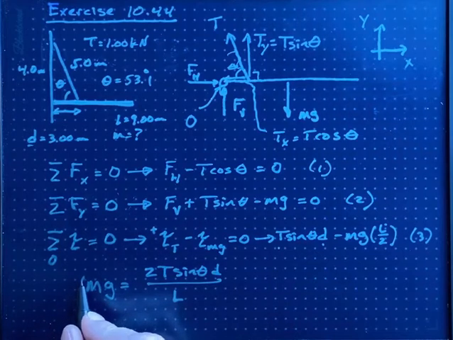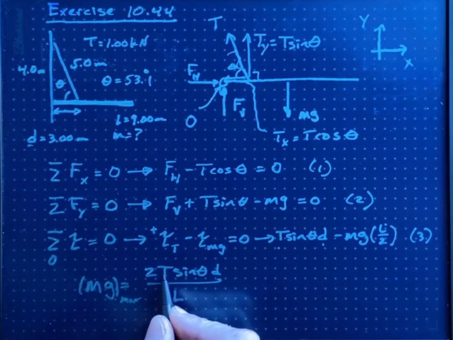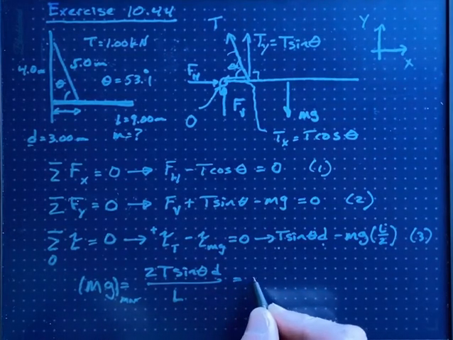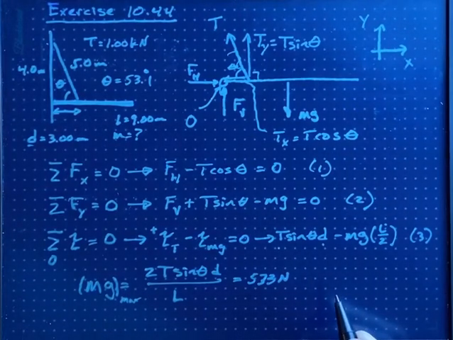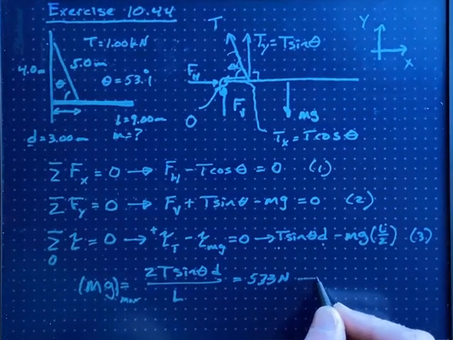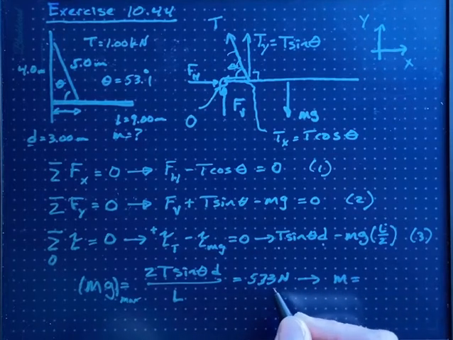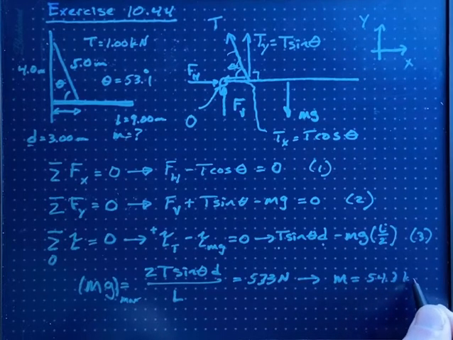But we're going to find out what's the maximum weight of the beam given the 1,000 newton max tension that you can get. So if you plug in the numbers here, I already worked through it, I get 533 newtons for the maximum weight of the beam, and that would correspond to a maximum mass, which is equal to the weight divided by g, like we've done before, of about 54.3 kilograms.